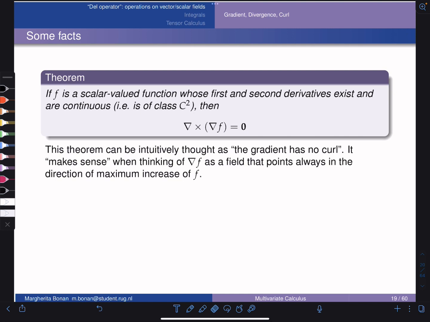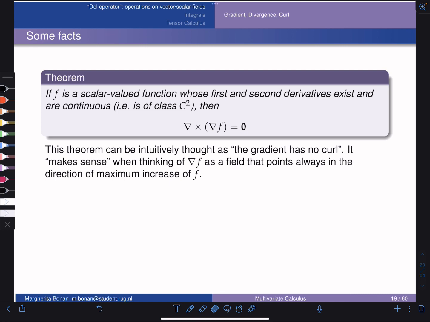We can intuitively think of this as thinking of the gradient of a function as a field that points always in the direction of maximum increase of f. So it should not have any rotation, so it should not have any curl, because this would lead to a contradiction.